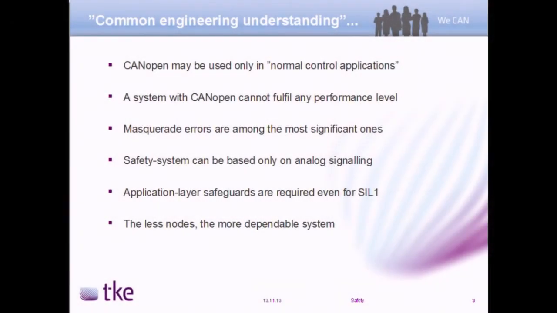Even for a normal control system, they think that even SIL 1 requires a lot of application layer safeguards on top of CANopen. And also, an interesting statement is that the fewer devices, the more dependable the system from a communication point of view. At least I got big question marks based on this.